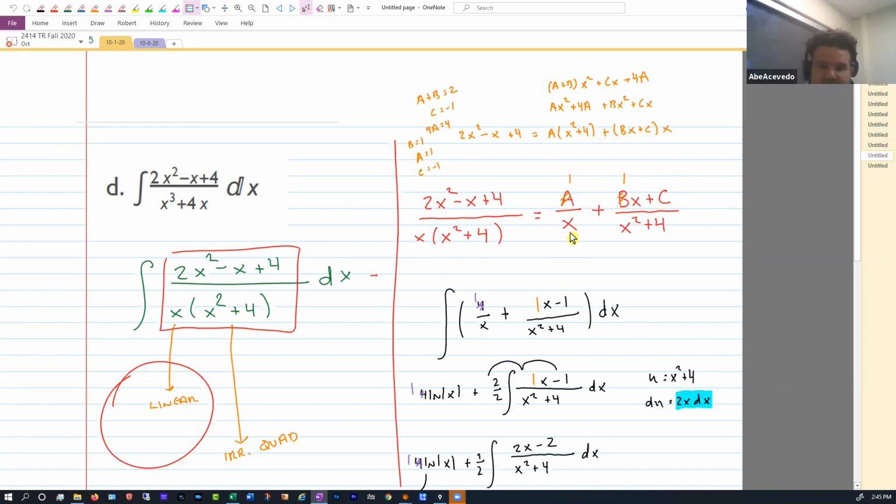No, the problem is how do we decompose? Aren't we supposed to find two factors for 2x squared minus x plus 4? No, you don't need to factor the top. You only factor the bottom.